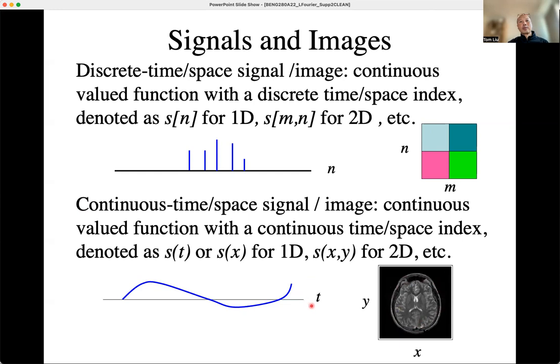Here we would index as time, where time is a continuous variable, or we might think of x and y, where we consider x and y both to be continuous variables. And last time we talked about writing these as a summation of weighted Kronecker delta functions for images or Dirac delta functions for continuous signals, okay?